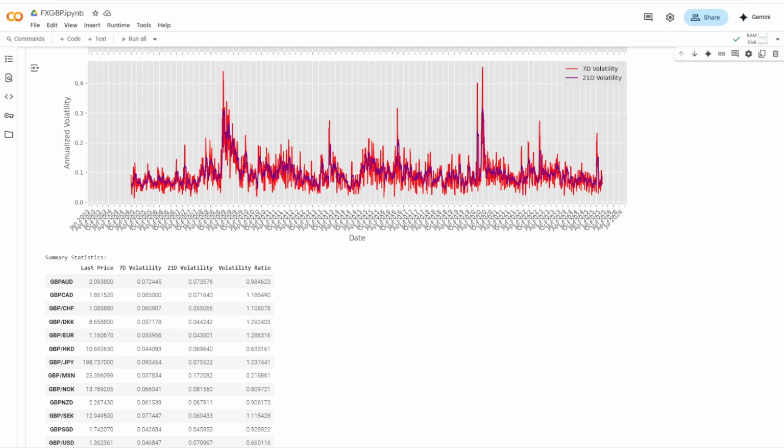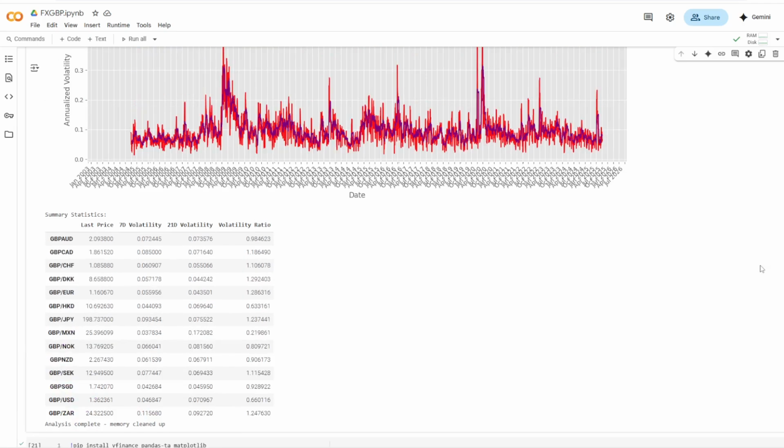You can take the same value in the next column and multiply the 7-day standard deviation by the square root of 252, so you have the annualized 7-day standard deviation, and you can do that for 21 days. Now 21 days is a month's worth of volatility, because the market works 5 days a week, so 21 days is effectively 1 month of market activity, of speculative activity in markets.